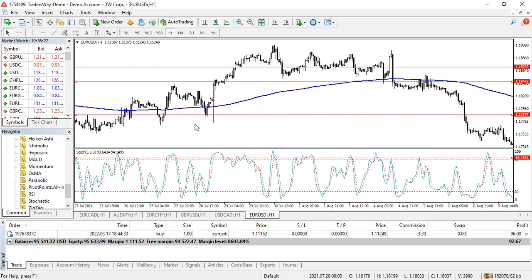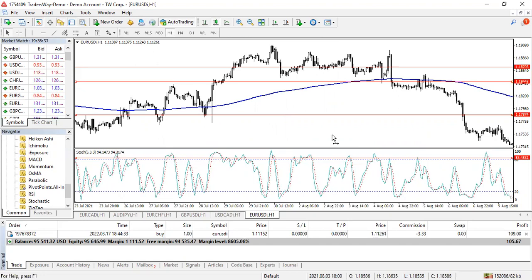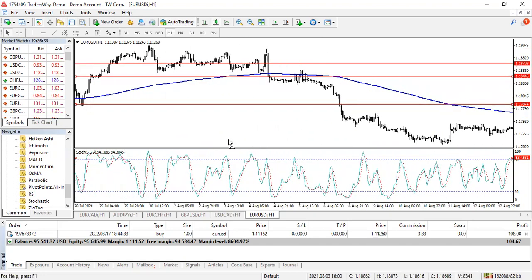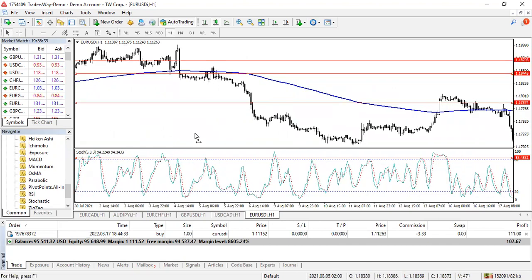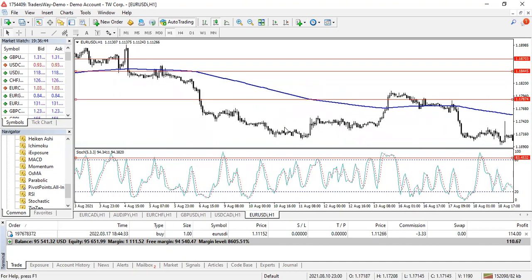This indicator will not just tell you to buy or to sell. You have to combine indicators that will tell you different things that happen in the market. I hope you understand me. Yes, I understand, sir. That is the use of indicators.